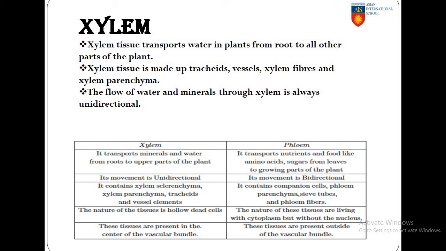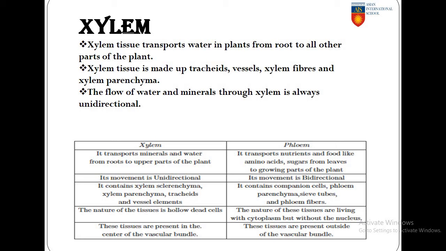Next, xylem. As I told you, xylem conducts water from the roots to all the other parts of the plant. Xylem tissue is made up of tracheids, vessels, xylem fibers, and xylem parenchyma. The flow in phloem was bidirectional, but in the case of xylem, it is unidirectional.